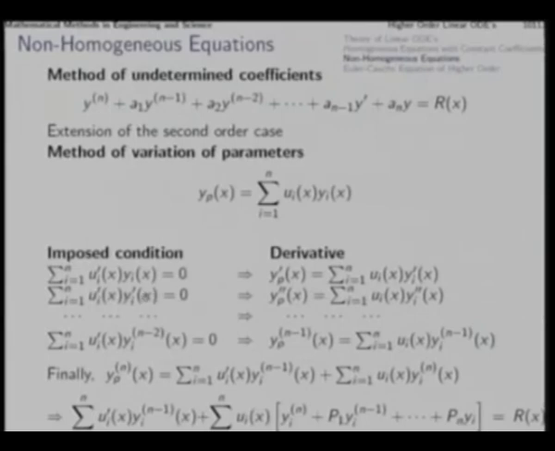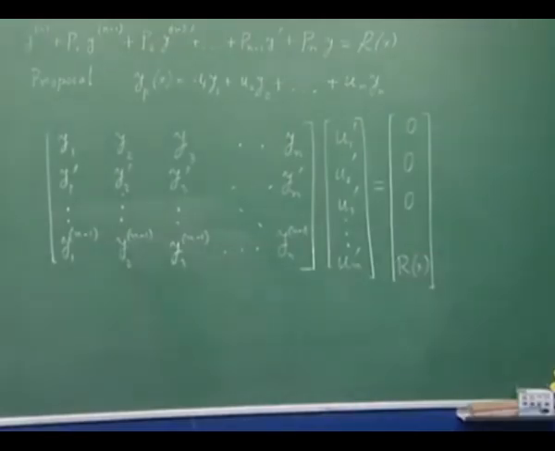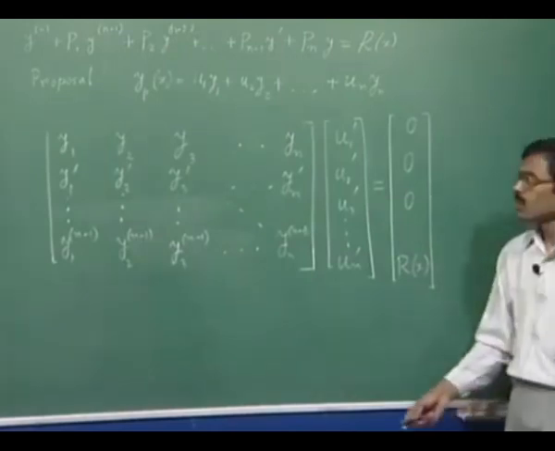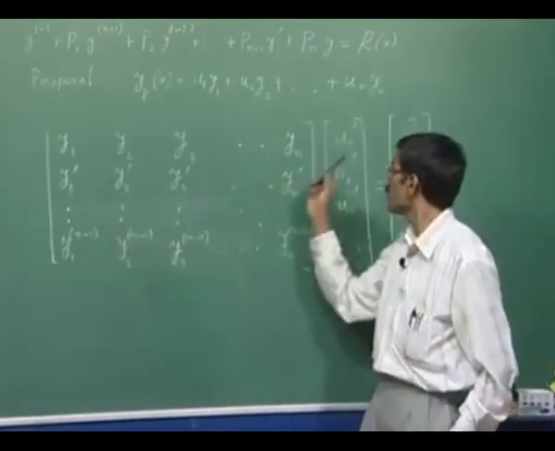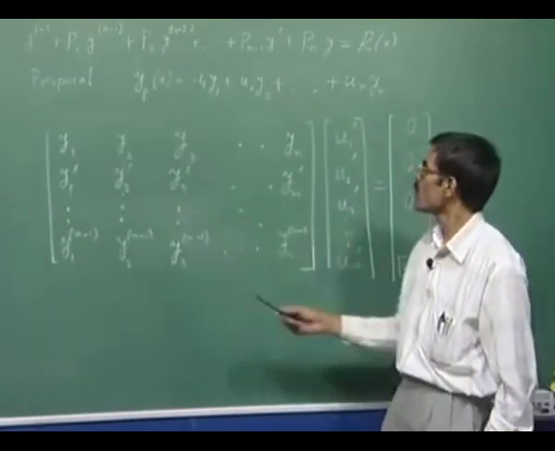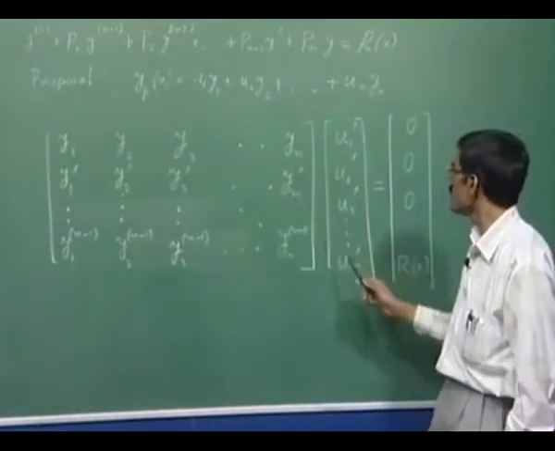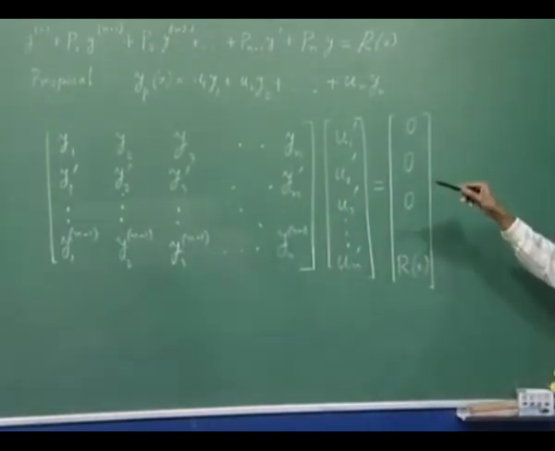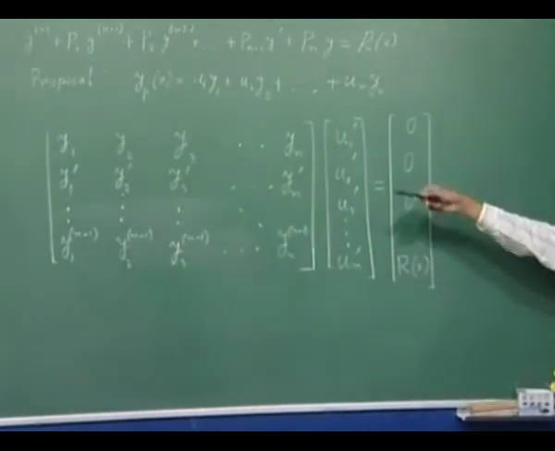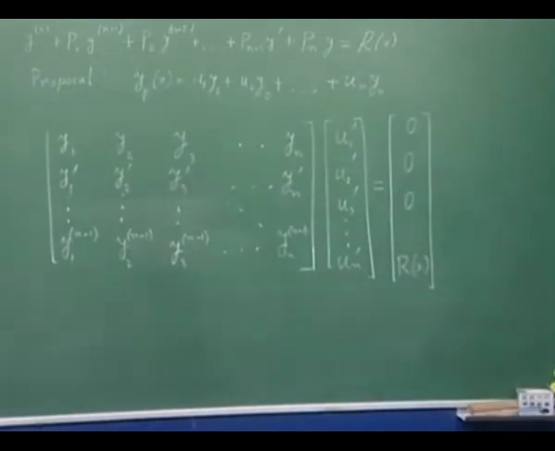Now, this condition is equivalent to the second row, that is sigma yi prime ui prime, y1 prime into u1 prime plus y2 prime into u2 prime and so on is equal to 0. That is the second row in this matrix vector equation.